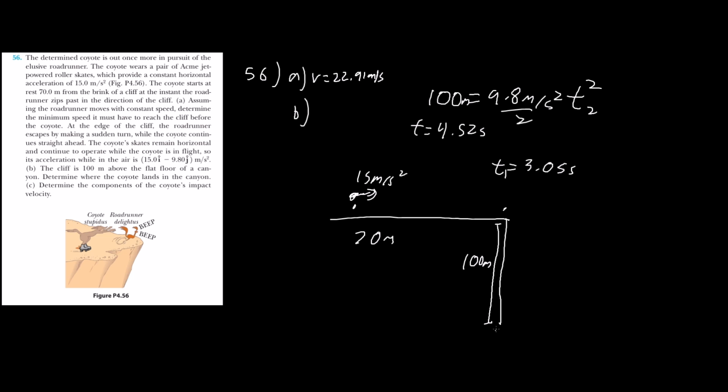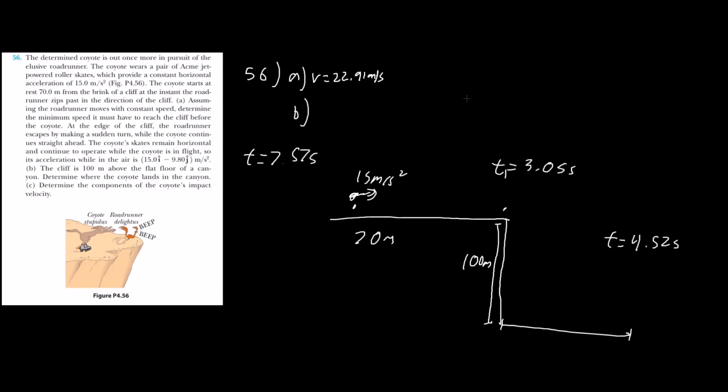The reason I'm going to use that is because I am going to take 15 meters per second squared and find the whole total time it takes, which is 3.05 seconds plus that. So I'm going to cheat a little here because I'm a bit lazy right now. I'm going to take the whole time interval of 7.57 seconds, and I'm going to take that 15 meters per second squared divided by 2.